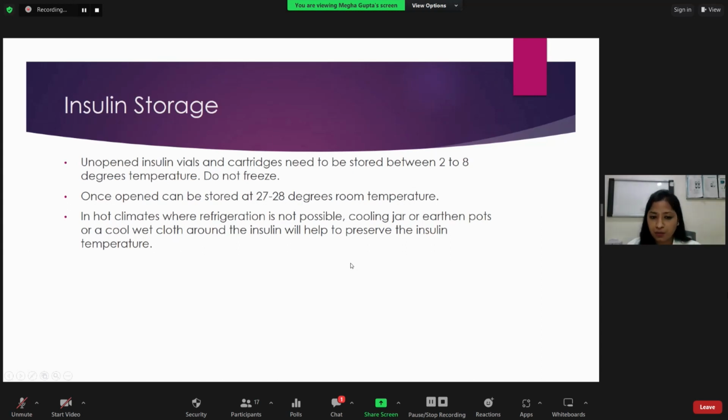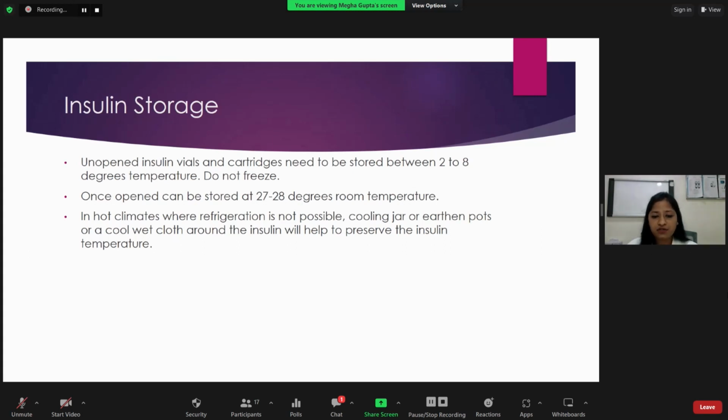Opened cartridges or vials can be kept at 27 to 28 degrees at room temperature. But where the temperature is more than 30, they have to keep it in the door side of the fridge, and they can take it out 15-20 minutes before injecting, so that whenever they take the insulin, it is at room temperature and not cold.